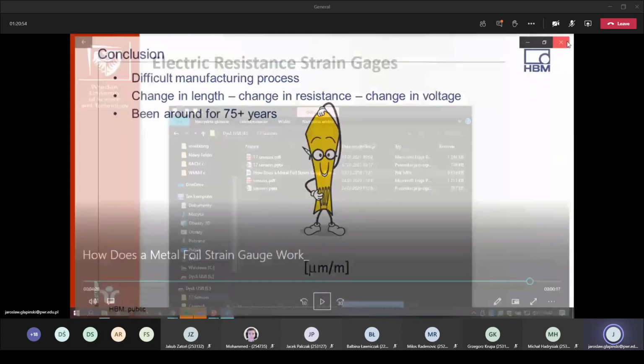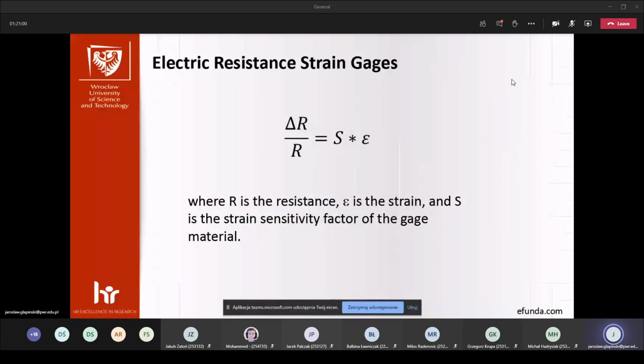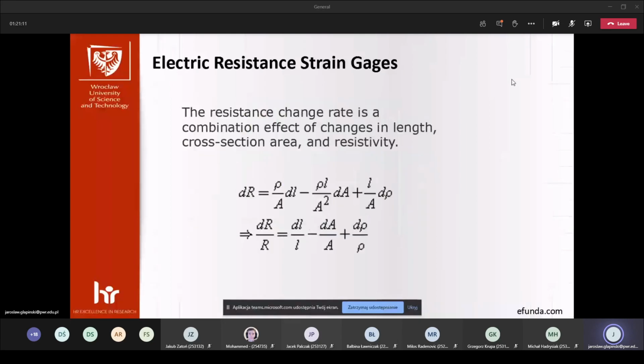Back to the slides. Okay, so as you could see in the film, if we change the mechanical properties of the strain gauge, we will change the properties of the resistance. Because generally the resistance of the strain gauge is caused by the difference of length, the difference of area, and the difference of the resistivity of the material.